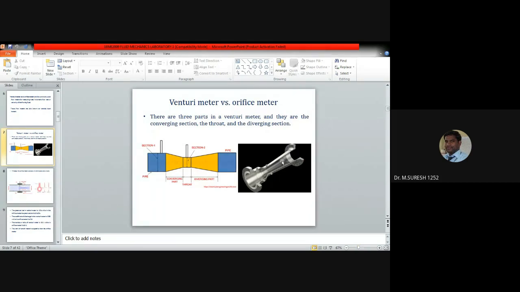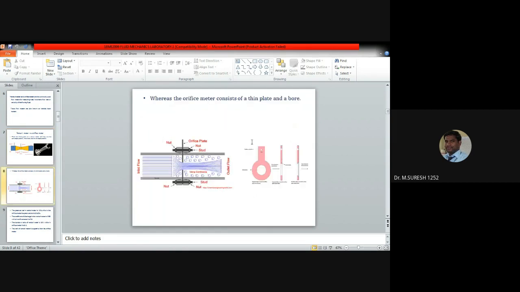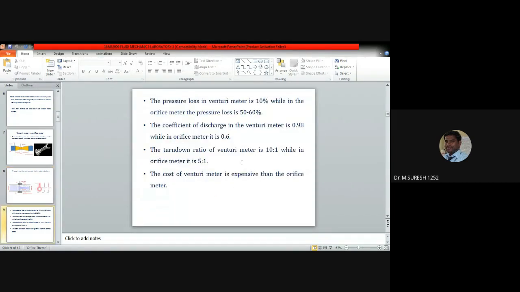So this is what we already discussed, the difference between venturi meter and orifice meter. This is the orifice diagram. It consists of a thin plate and a bore. So the fluid flows directly from inlet to outlet, and this is a main difference between orifice meter and venturi meter.